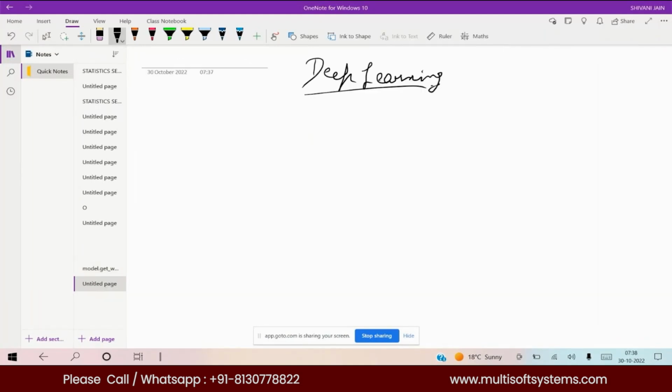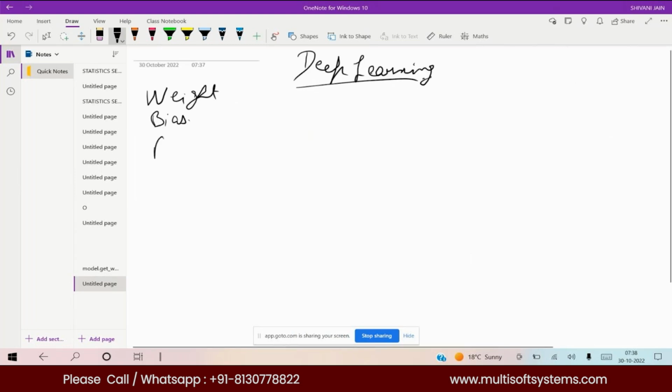Yeah, it is. So yesterday we talked about some terms: weights, bias, forward propagation. Let's forget about this for now.